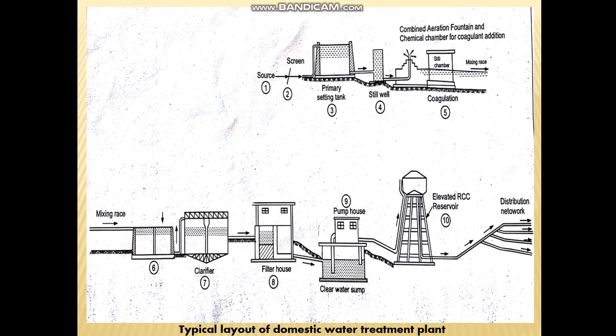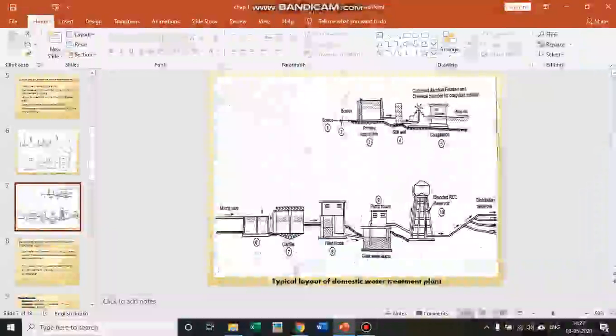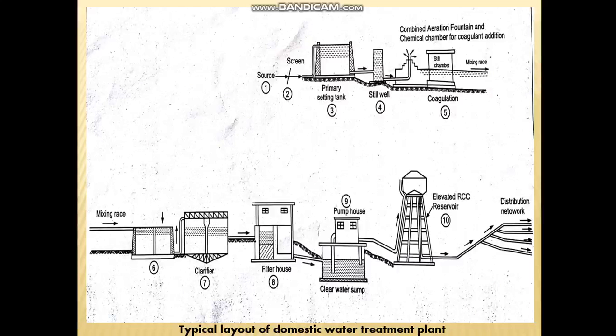You can see number one is the source, the second one is the screen. The screen is provided at an inclination, and I have explained why it is provided at an inclination. Then the primary sedimentation tank, then the stilling well, then the coagulation chamber. After coagulation comes mixing, the coagulation and flocculation process.